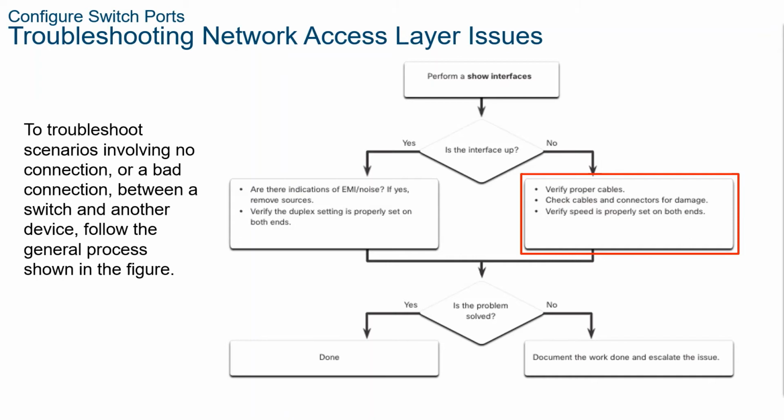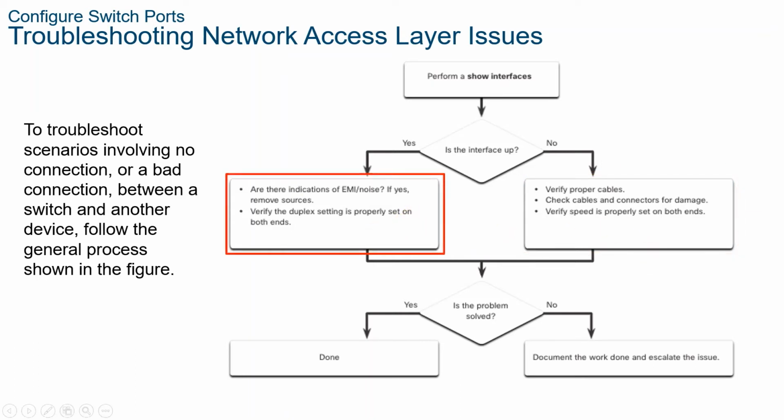The speed of an interface is typically auto-negotiated. Therefore, even if it is manually applied to one interface, the connecting interface should auto-negotiate accordingly. If a speed mismatch does occur through misconfiguration or a hardware or software issue, that may result in the interface going down. Manually set the same speed on both connection ends if the problem is suspected. So we are doing some troubleshooting here.